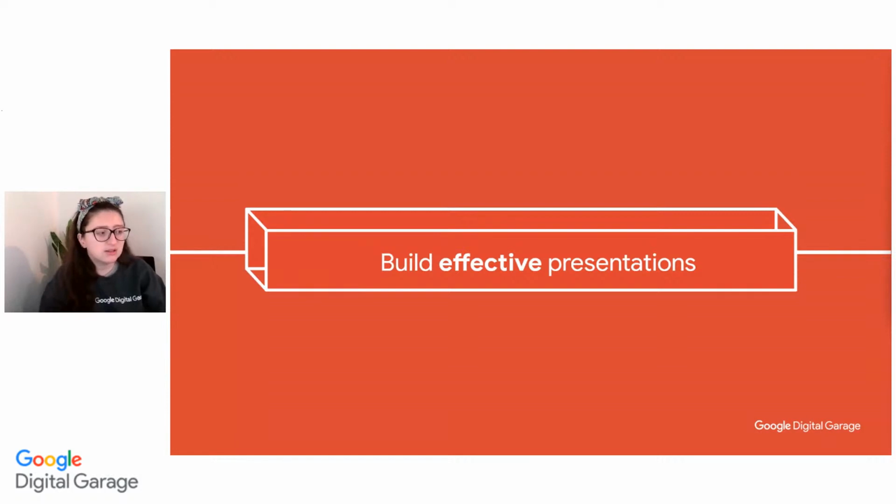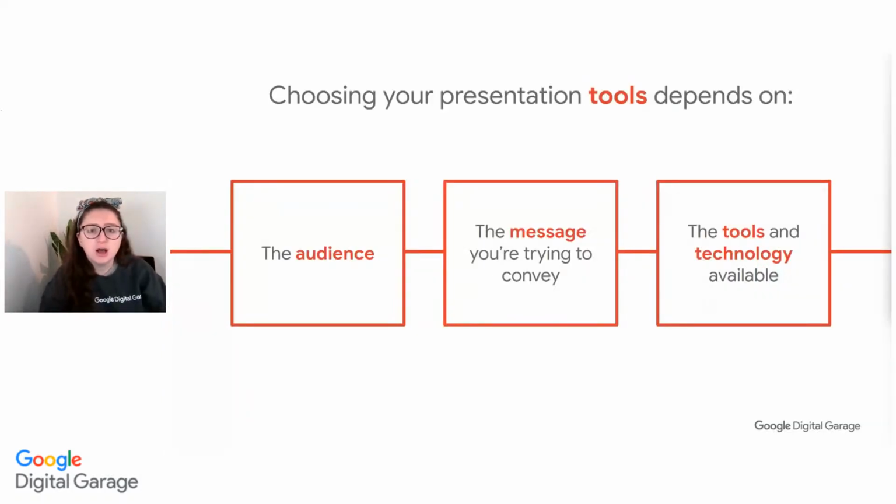So how do we start to build an effective presentation? Before we launch into the design and thinking about what it's going to look like and how we're going to stand and all of that stuff, we need to think about our audience. That's the first step here. Think about who's going to be in the room with you. Is it going to be a small group of people? Is it going to be a panel?